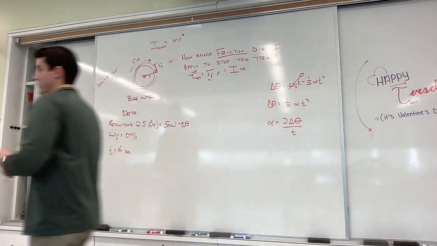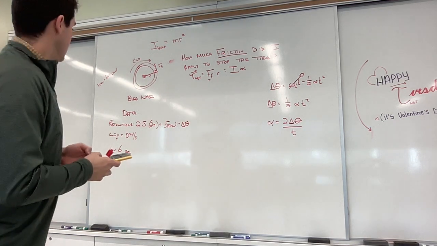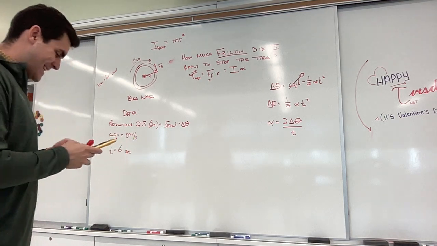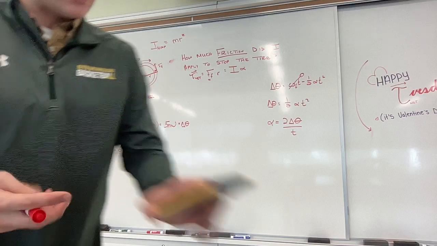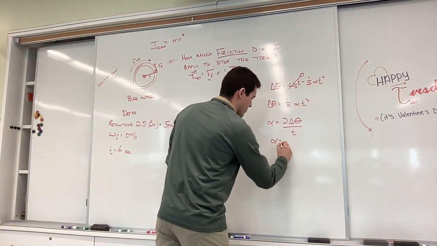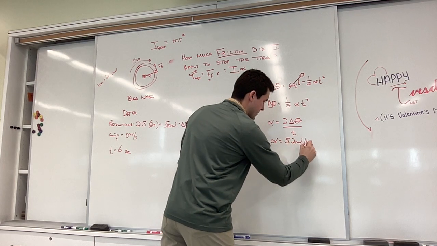And let's grab a calculator and figure this out. Alpha ends up being 2 times 5 pi radians divided by 6 seconds squared. We end up with the acceleration being 5.2. Let's say alpha equals 5.2 radians per second squared.